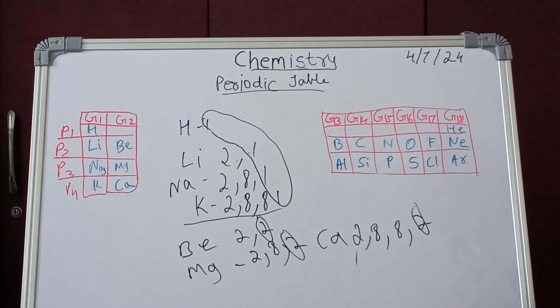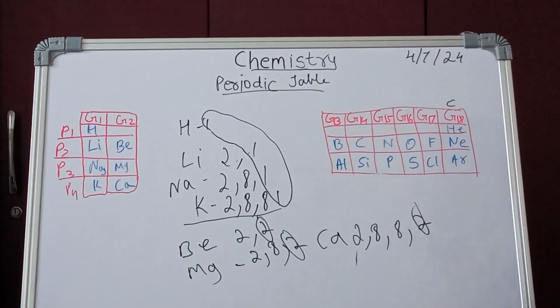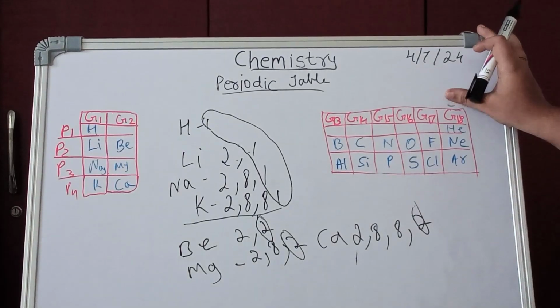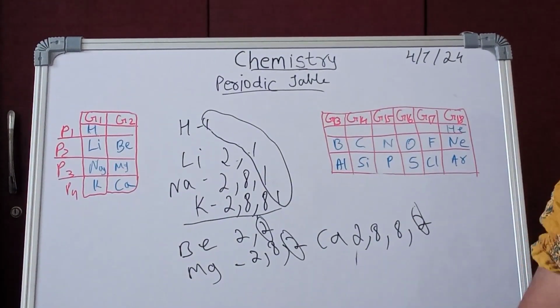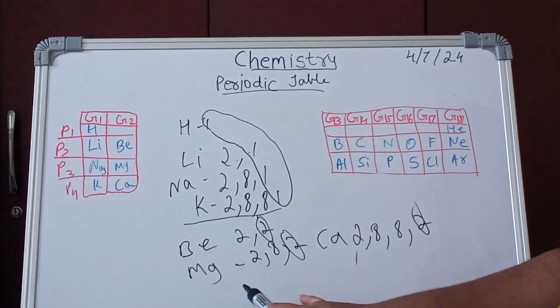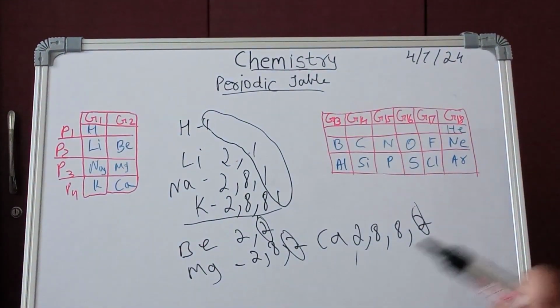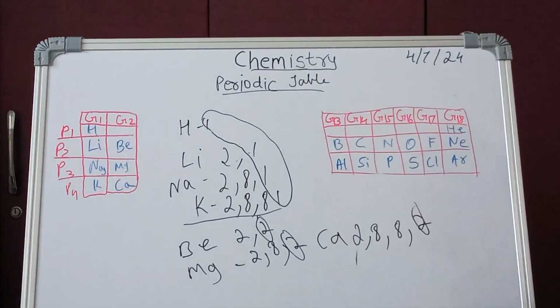Because helium is a noble gas. Group 18 is for noble gases. So in group 18 only noble gases will be placed, not anything else. Groups have different properties. Actually there are particular names for each group. I will be telling you this after this topic.